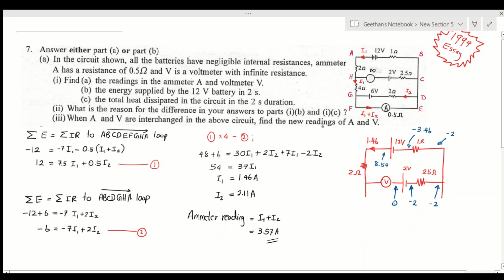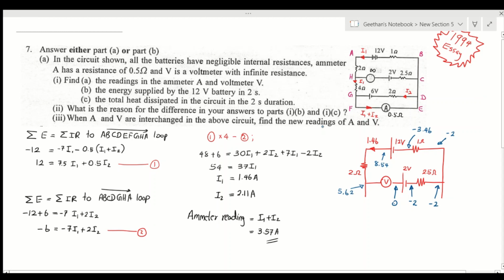Here we have 8.54. Again, when you go through this resistor, we have another drop, an IR drop, and that drop is 1.46 into 2. So that is 2.92. So the potential again reduces by 2.92. So 8.54 minus 2.92, that is 5.62.